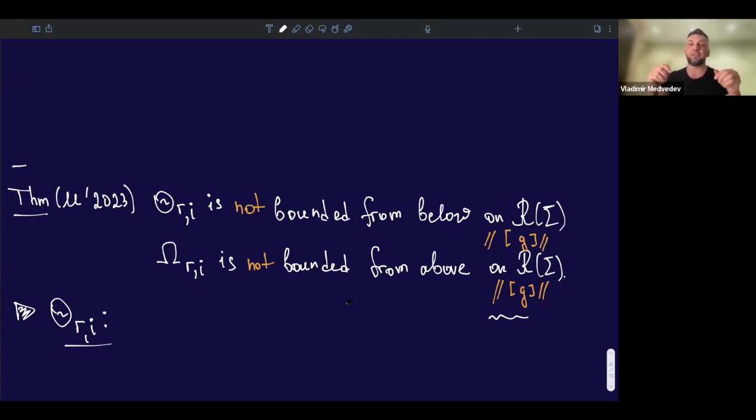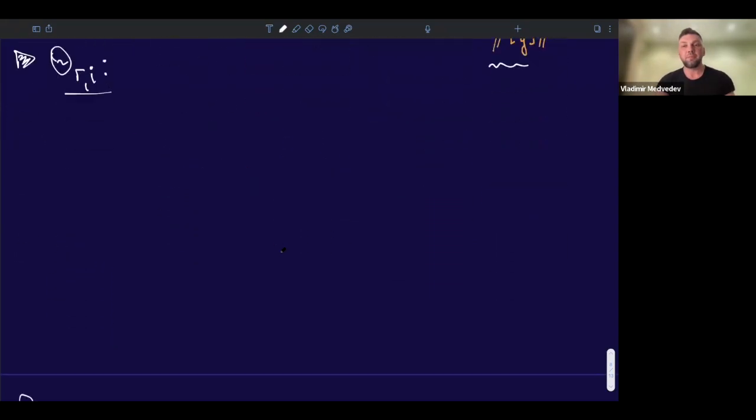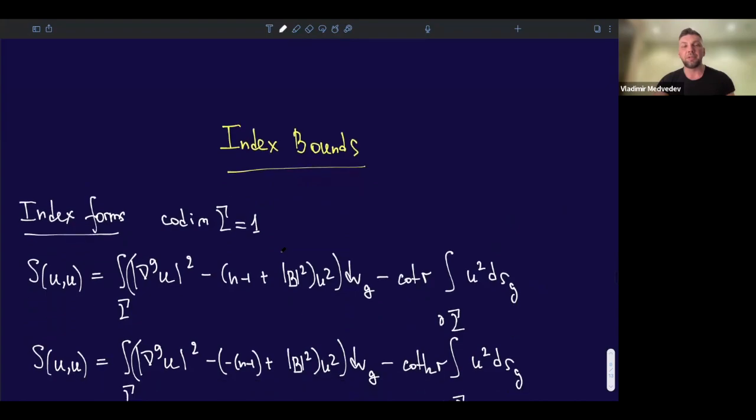In contrast to this, theta Ri is not bounded from below, even in the conformal class of any metric you take. So I'm also going to skip this part.